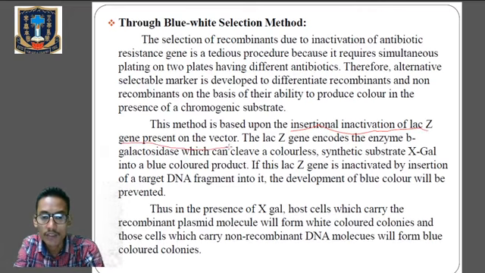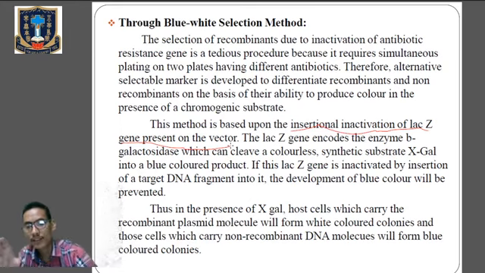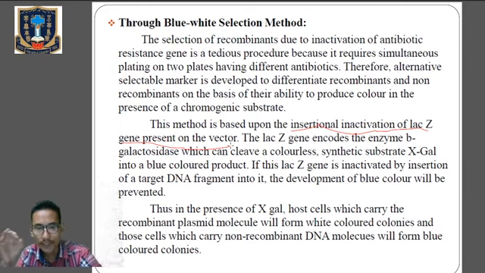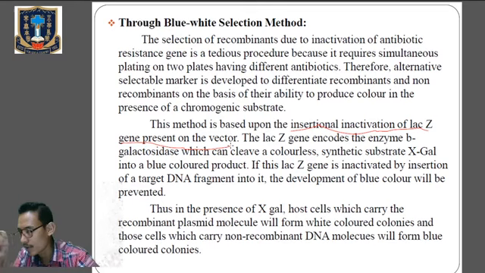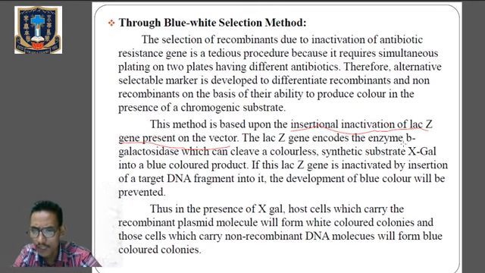So the vector has the lacZ gene, and here we are going to inactivate this lacZ gene. Generally the lacZ gene will encode the enzyme beta-galactosidase. Remember, it is not a small b, it is beta.